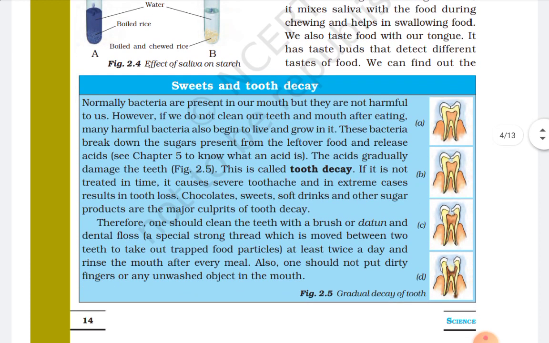There is a blue box: sweets and tooth decay. Normally bacteria are present in our mouth, but they are not harmful to us. However, if we do not clean our teeth and mouth after every meal, many harmful bacteria also begin to live and grow in it.